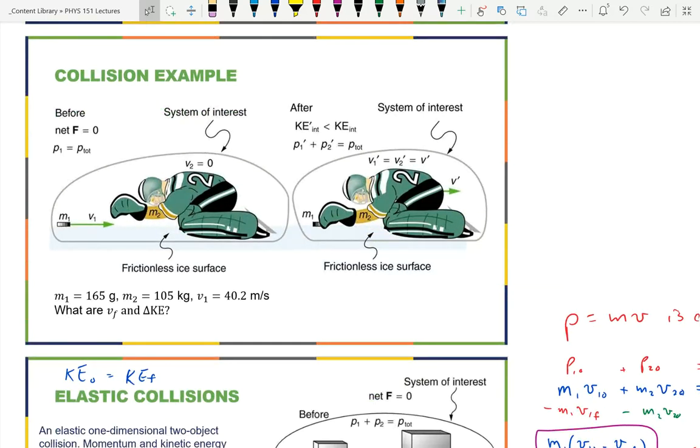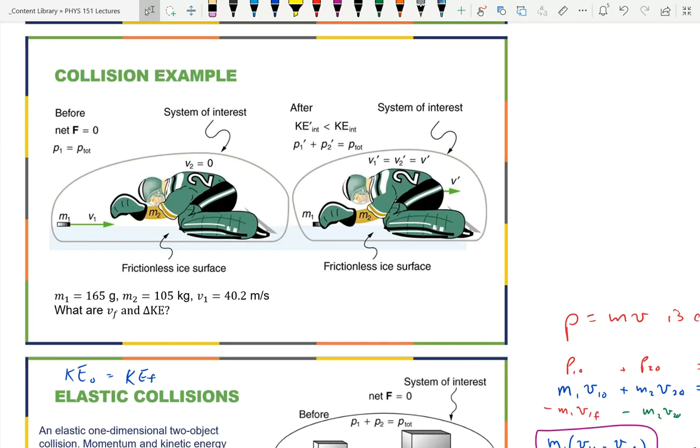First thing to do in the example, what type of collision is it if the goalie actually catches the puck? So it sticks with the goalie. It's inelastic. In the inelastic case, I have conservation of momentum plus what's the other equation? The final velocity of one equals the final velocity of the other because they stuck together.